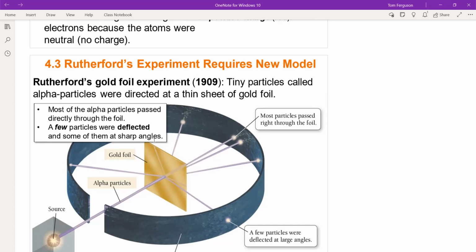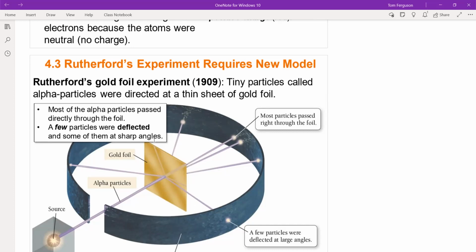Opposites attract, unlike repel. So you've got a force in there called a binding energy that keeps those protons that are extremely close together from flying apart. That's where we get the nuclear energy from when we split the atom.